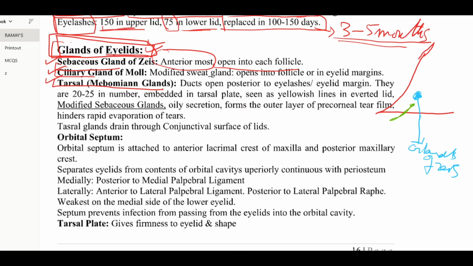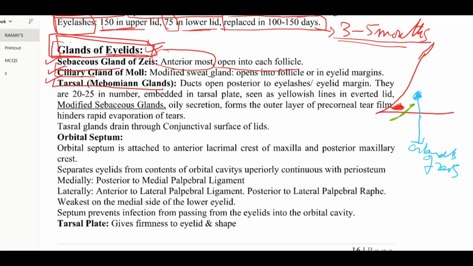The other type of glands present here are the ciliary glands of Moll. So how do these glands secrete their secretions?